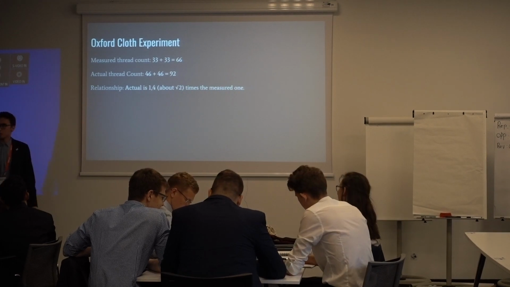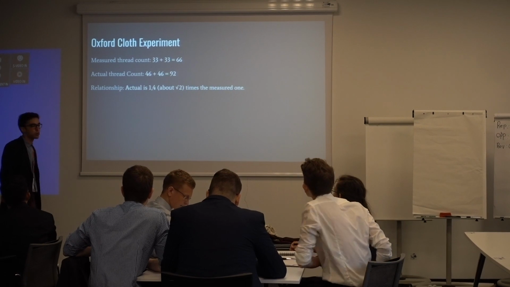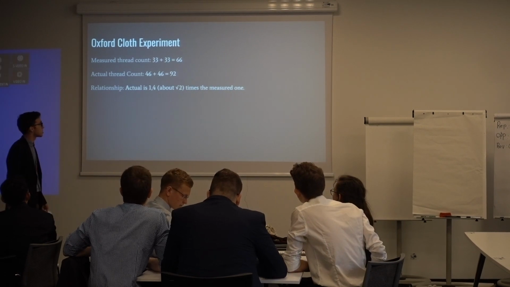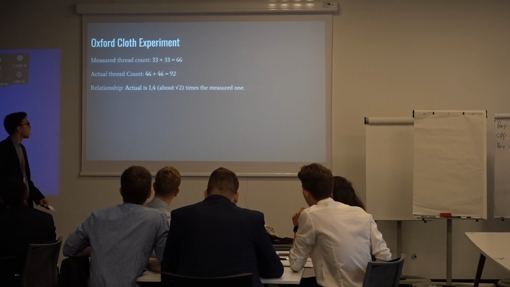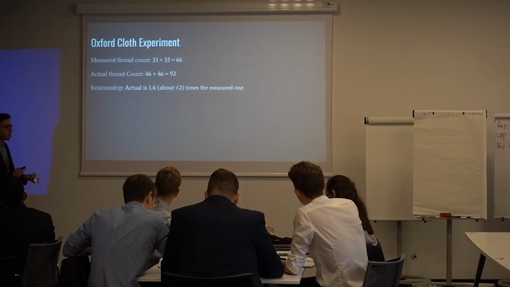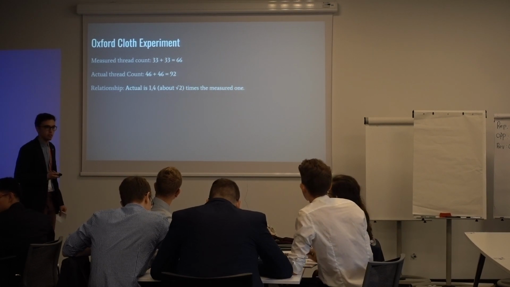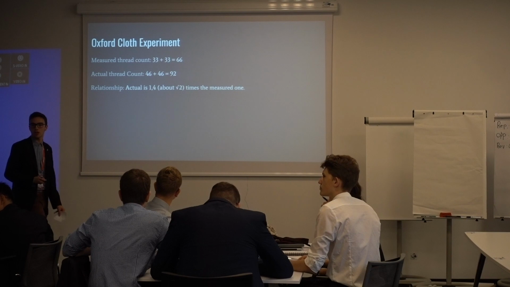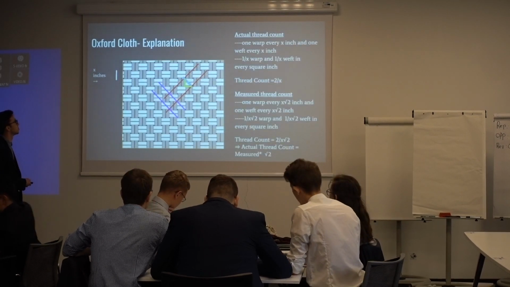So we did an experiment on the Oxford cloth, and we had a measured thread count of 33 and 33 equals 66. But the actual thread count is 46 plus 46, 92. And the relationship is about the square root of 2 times the measured one. And we would like to give a geometrical explanation for this inaccuracy.